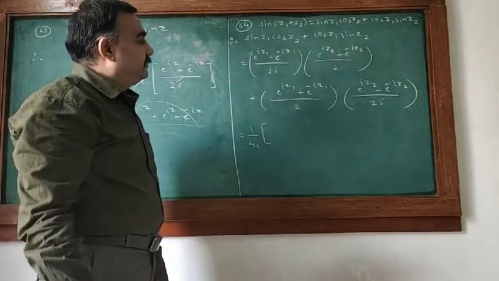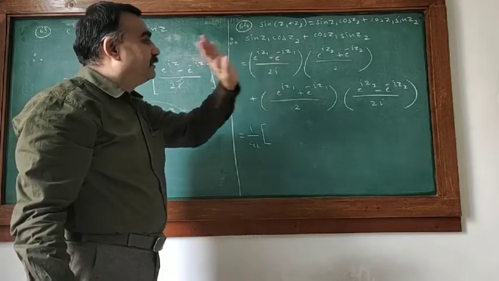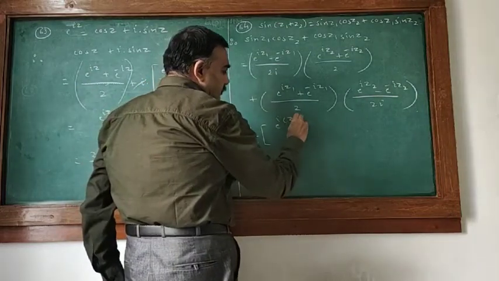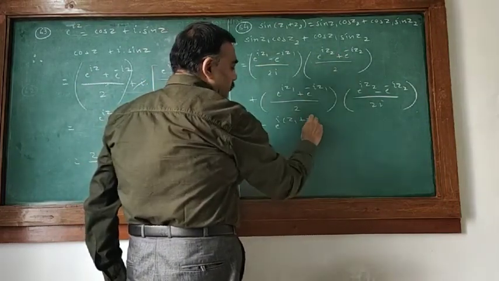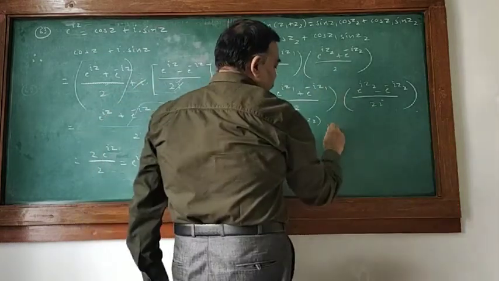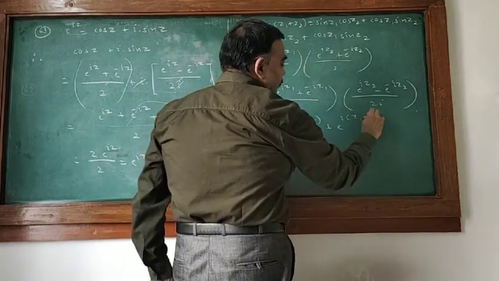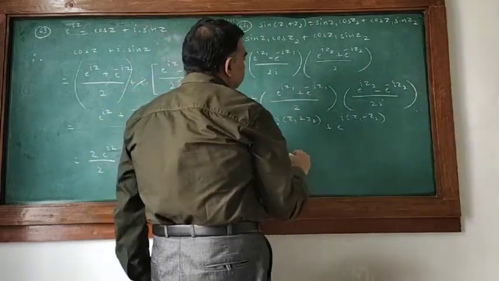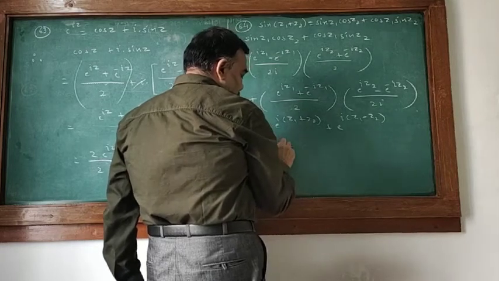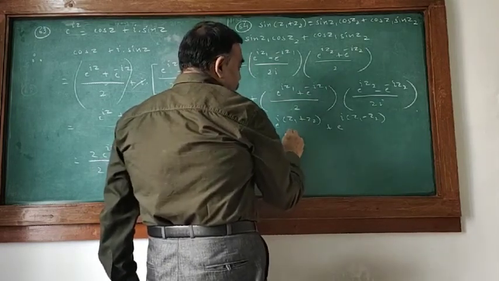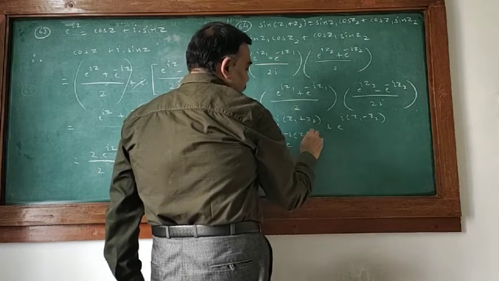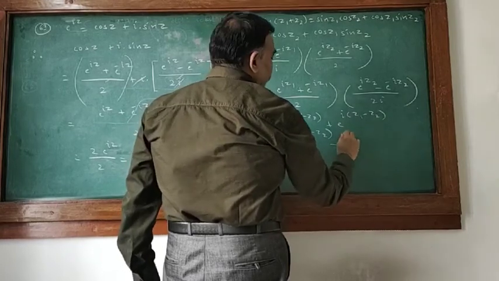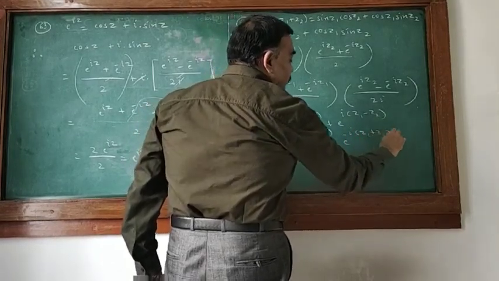Opening the brackets, we get e raised to i(z1 plus z2) plus e raised to i(z1 minus z2) minus e raised to minus i(z1 minus z2) minus e raised to minus i(z1 plus z2).